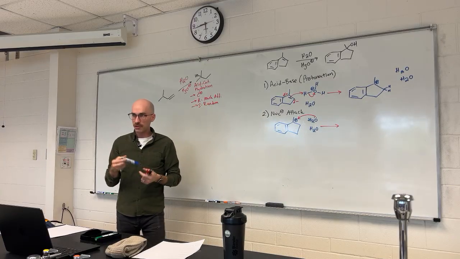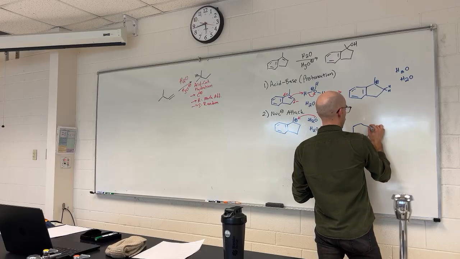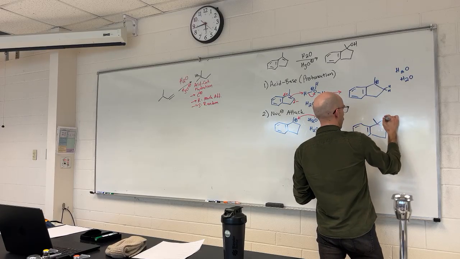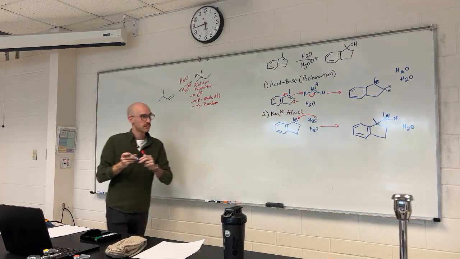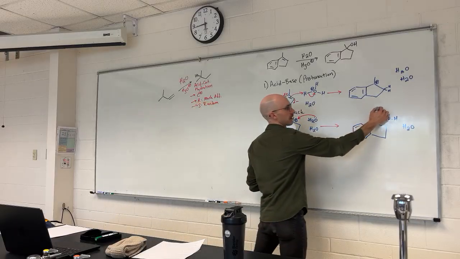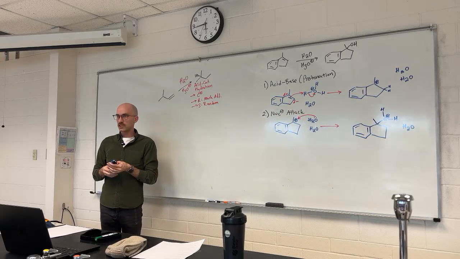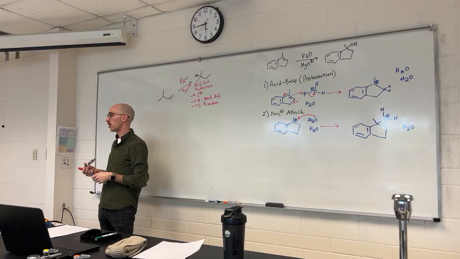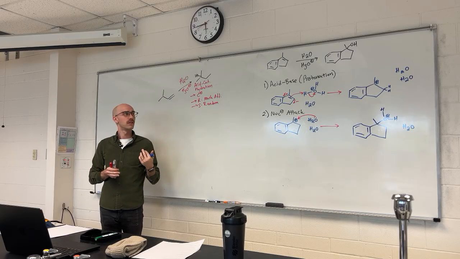Am I breaking either of the bonds between O and H? I am not. That means that I still have both bonds between O and H. So that oxygen takes on a positive charge. I want you to notice the conservation of charge.